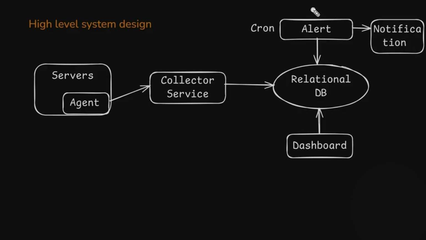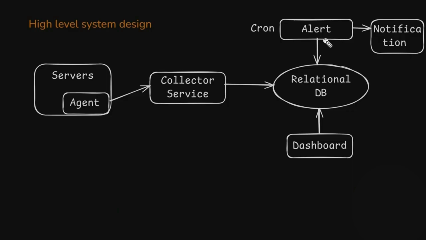We can create the alerts in the system, and based on these alerts, this cron job would run. So we need the alert service as well to create the alert, and the alert database, which we will get into detail when we go into the deep dive.